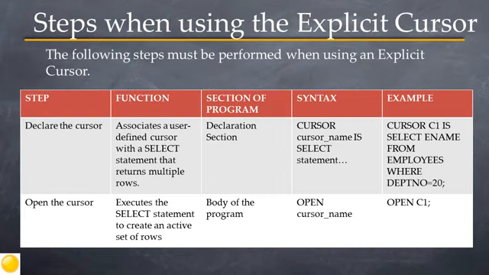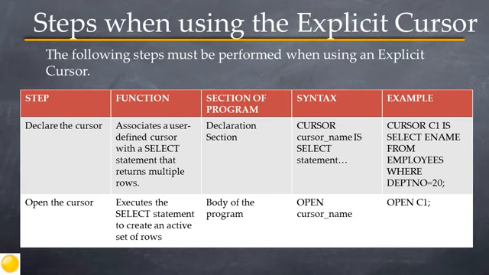This select statement is the statement that returns multiple rows. The syntax of cursor declaration is cursor name followed by the select statement. The example declaration has been provided as: cursor C1 is select ENAME from employees where department number equal to 20.